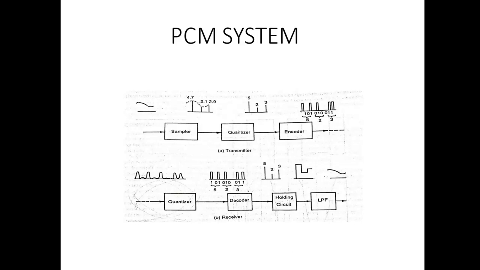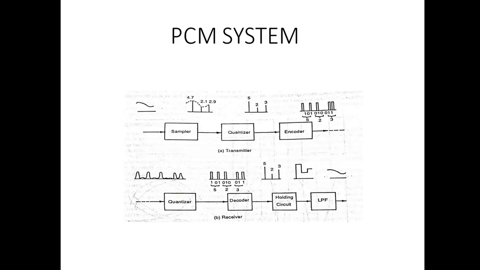This is the main PCM system. The input of the sampler is an analog signal and the output is samples. This sampled signal is applied to the quantizer, and you get the rounded value. It is applied to the encoder, and we get the binary digits as shown in this figure.